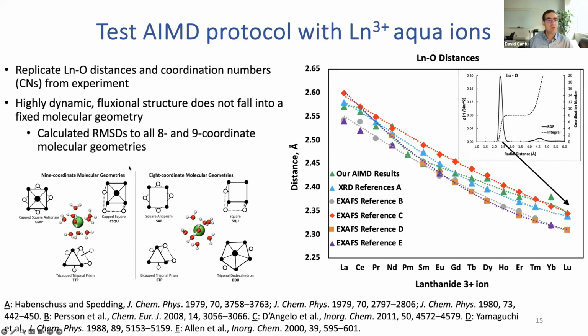And then we compared the first coordination sphere to ideal 9-coordinate and 8-coordinate geometries and calculated the RMSDs. And we found that they don't have one geometry that they're always in, but it's highly fluxional, and the geometry changes between different ideal geometries.